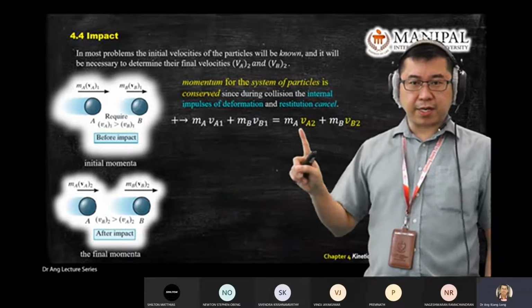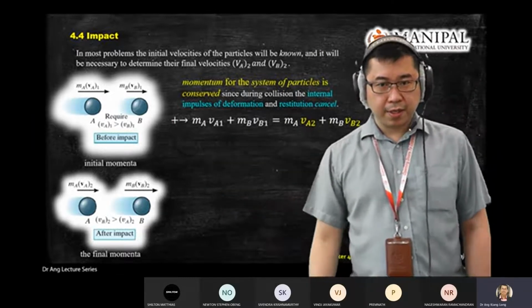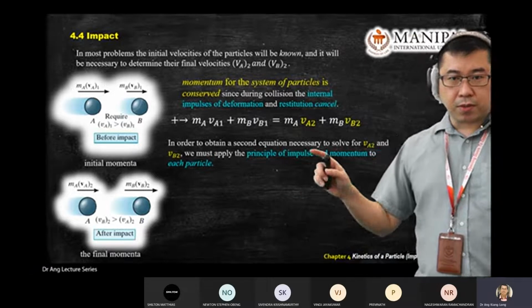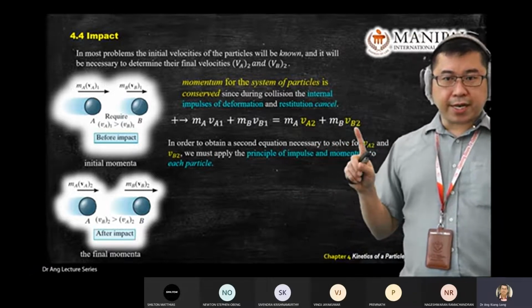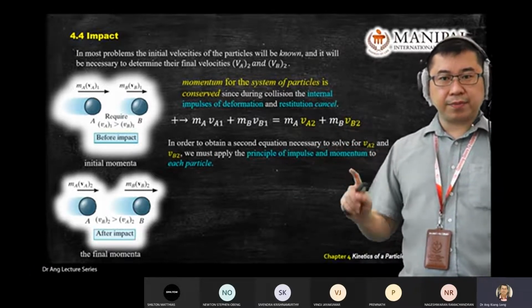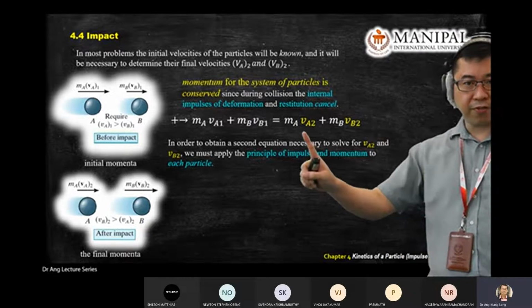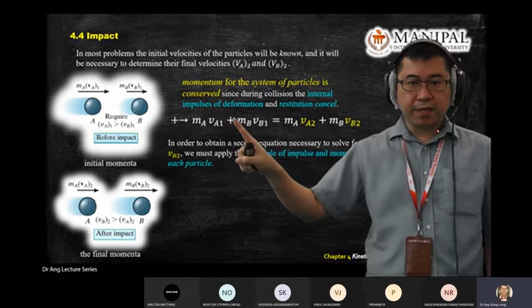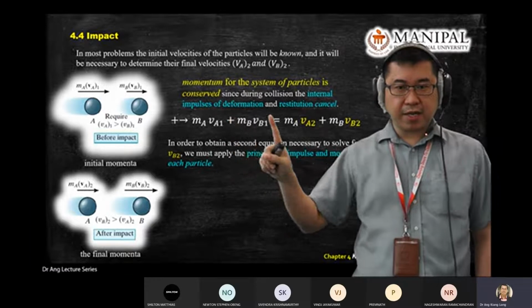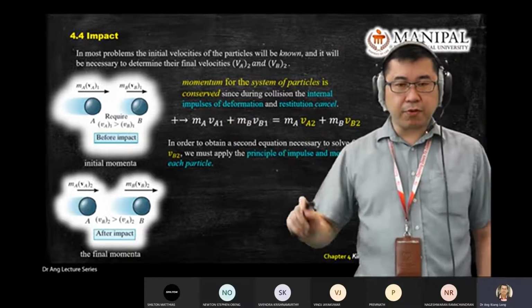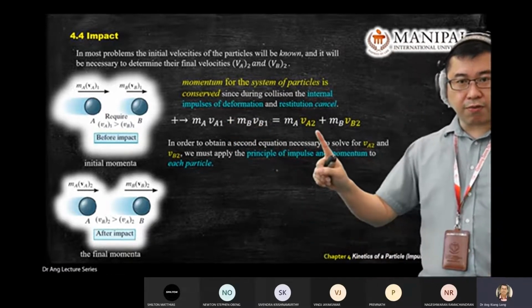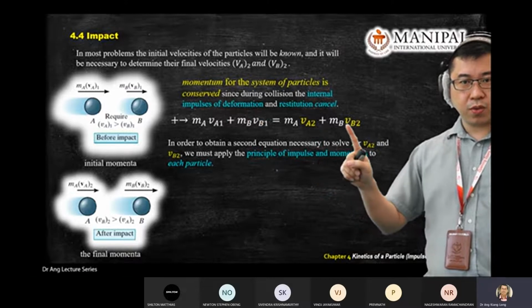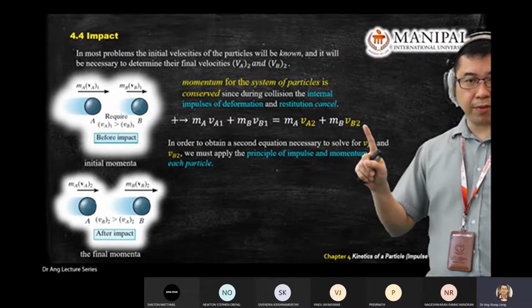To obtain the second velocities, you need to solve for A and B. Normally vA1 and vB1 will be given, so you need to solve for vA2 and vB2.